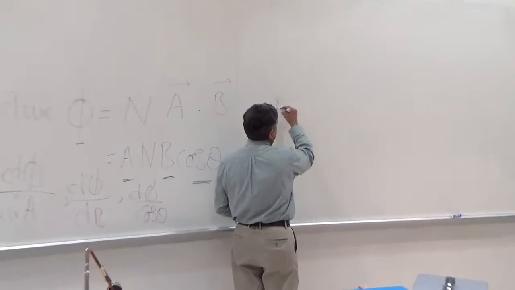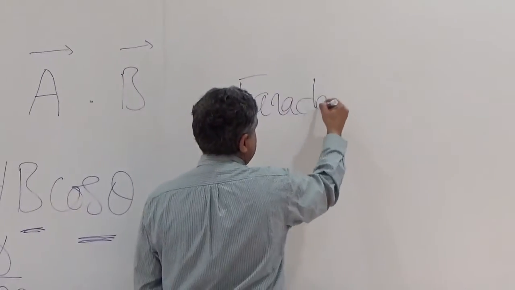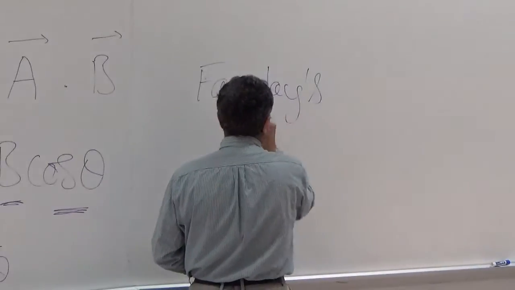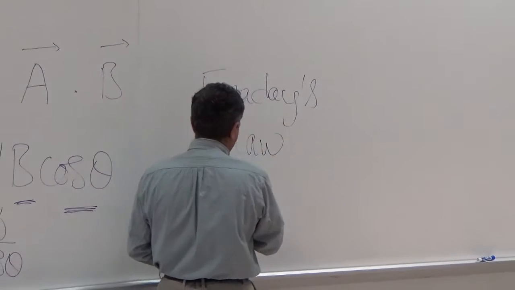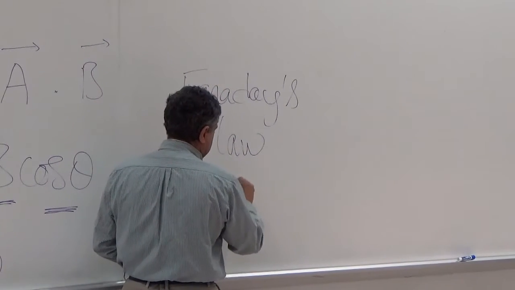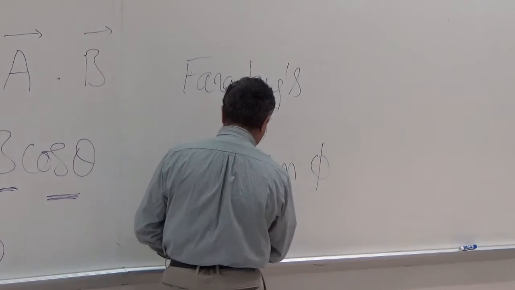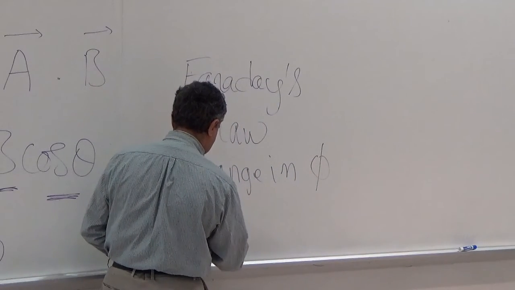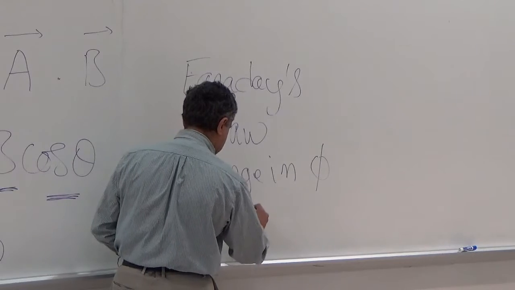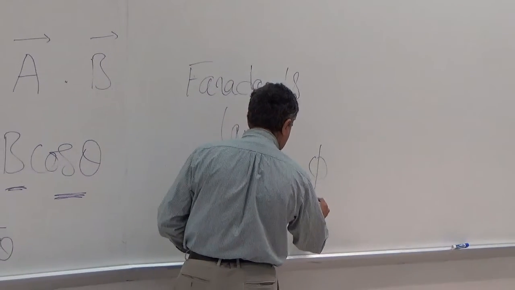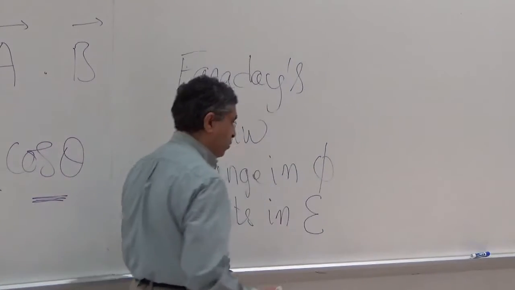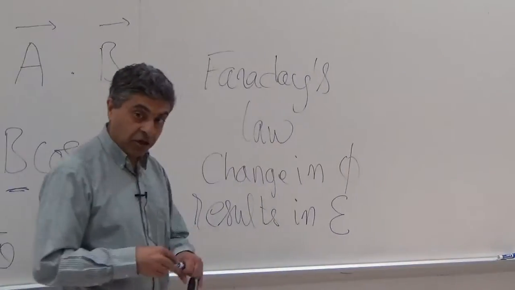So Faraday's law is saying that a change in flux phi results in an induced electromotive force E, some voltage, so the current will flow.